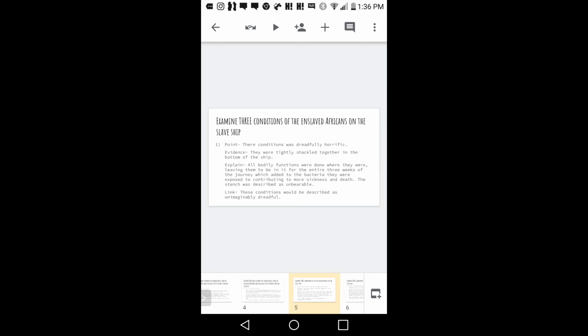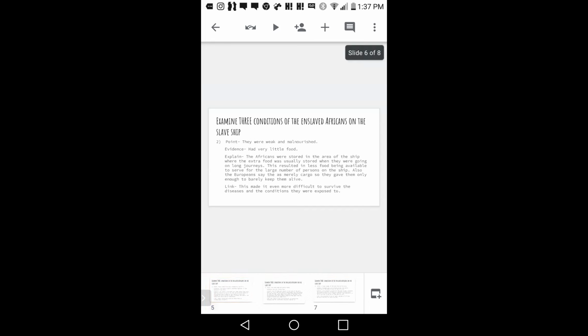But sir, I made a point where the disease is already in another slide further down. But all the explanation here is about disease. Yes, sir. So that means you will have to discuss something else now, about little food. They were weak and malnourished. They had little food, very good. The Africans were stored in the area of the ship where the extra food was usually stored.